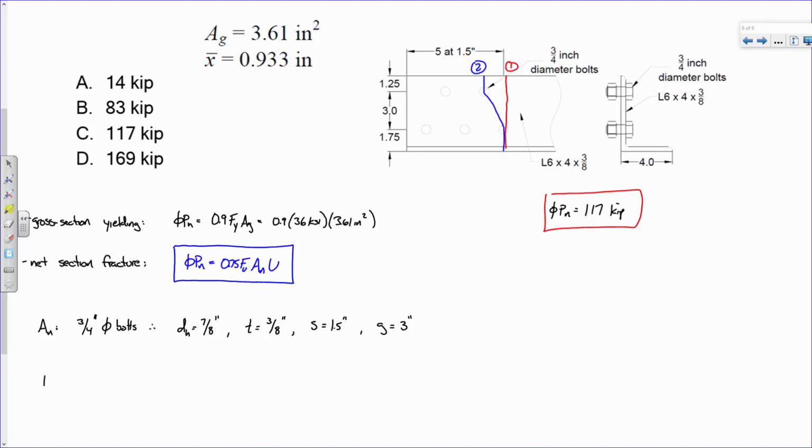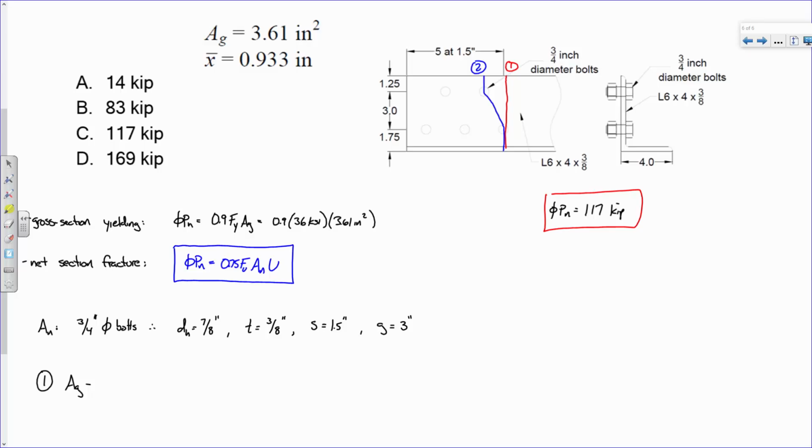So for path 1, we'll say the gross area minus 1 bolt hole. How do we compute the area of 1 bolt hole? The diameter of the hole times what? The thickness, right? Remember, it has to go through the plate.